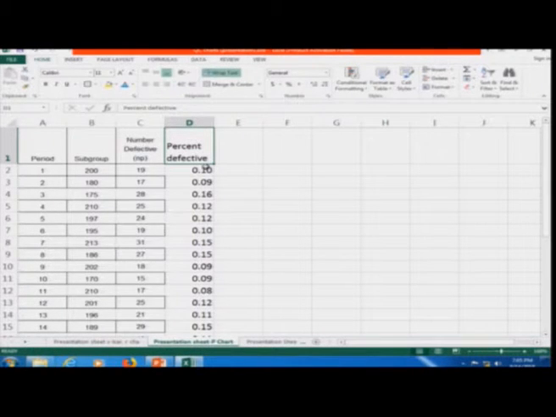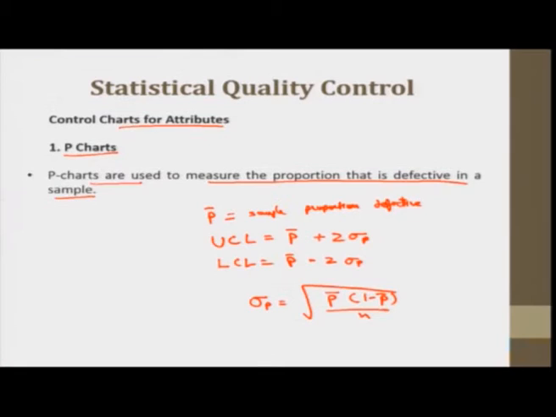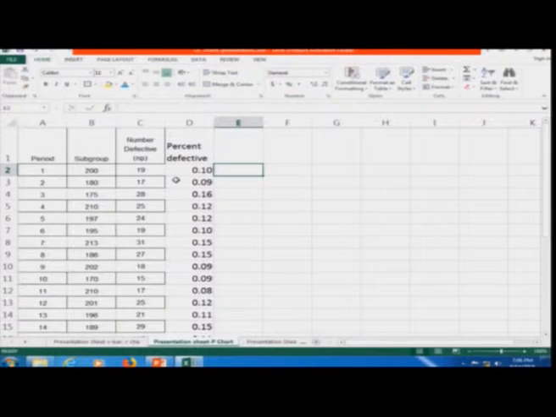Now I can calculate the upper control limit and lower control limit using the formula. Upper control limit is equal to percent defective plus Z sigma. What was that formula? It is percent defective plus Z sigma, where sigma is the square root of P bar into 1 minus P bar by n, n being the size. The value of Z that I will pick is 3 here. I have to calculate the P bar first.